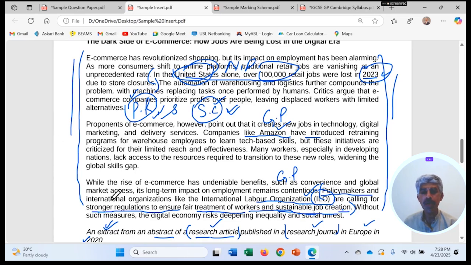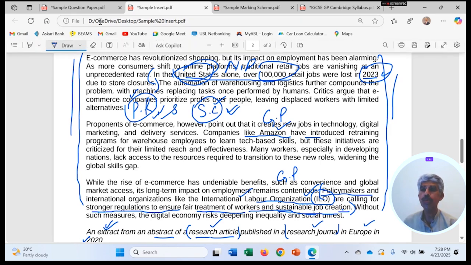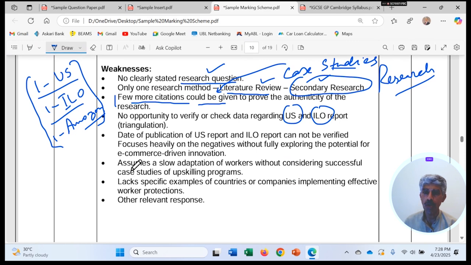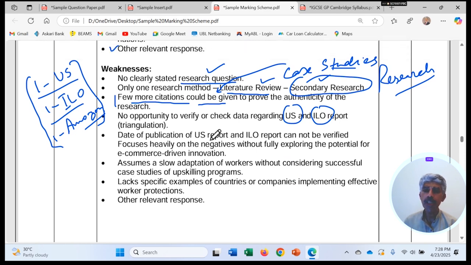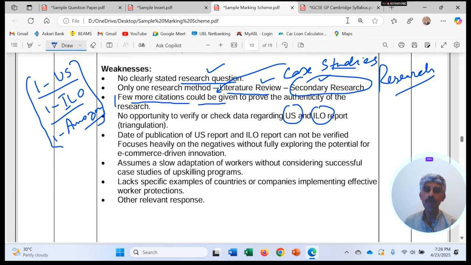So it means that this is the weakness. Yes, no doubt, reference is given of ILO, but from where? No idea. So that is the weakness of this one. So data publication of the US report and ILO report cannot be verified.